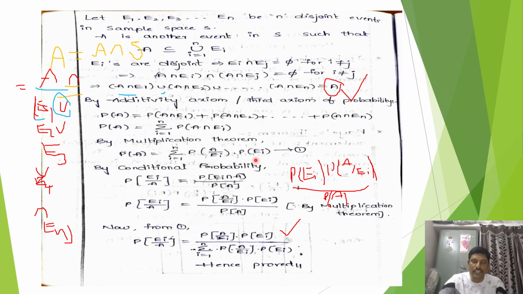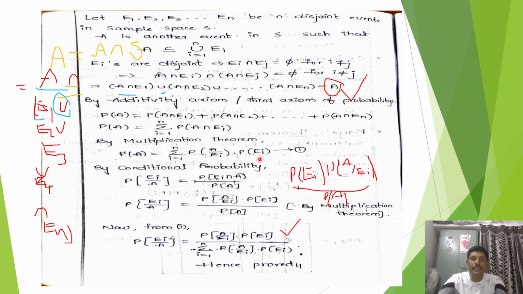The union of E1, E2 up to En is also equal to the sample space. That means each and every event's probability we know clearly. That means those are the given probabilities. So that we are writing P of Ei. Clear? Is it clear, all of you? So why can we write P of A intersection Ei in terms of P of Ei? Because we clearly know the probability of Ei.